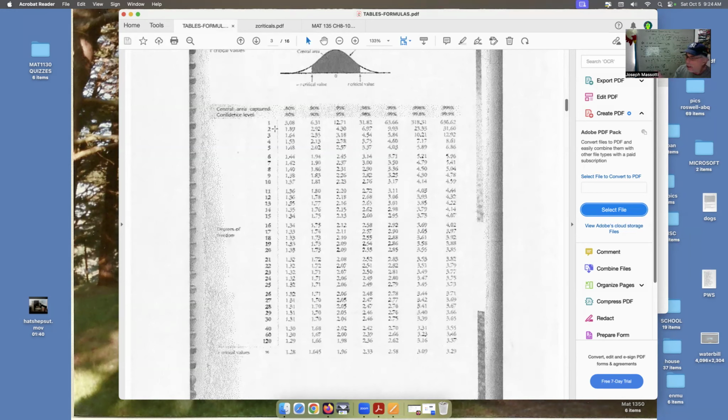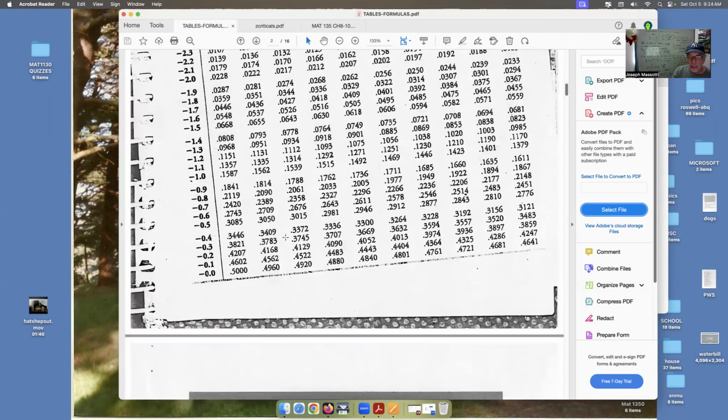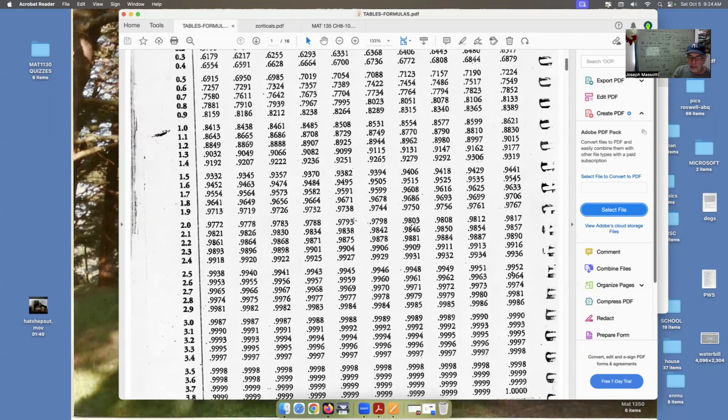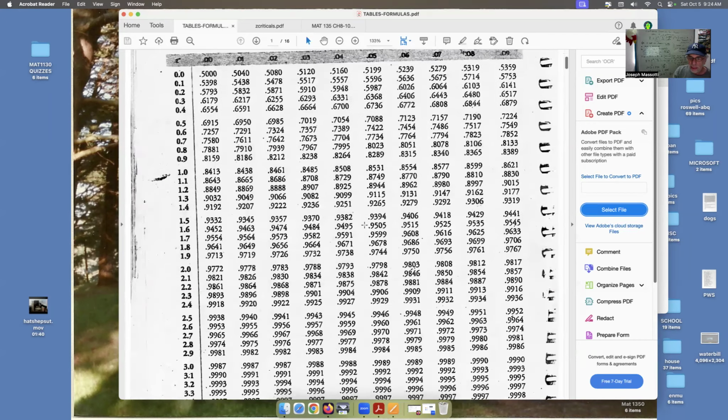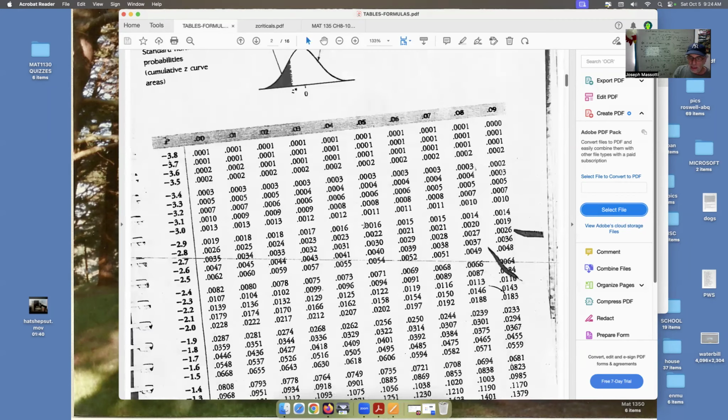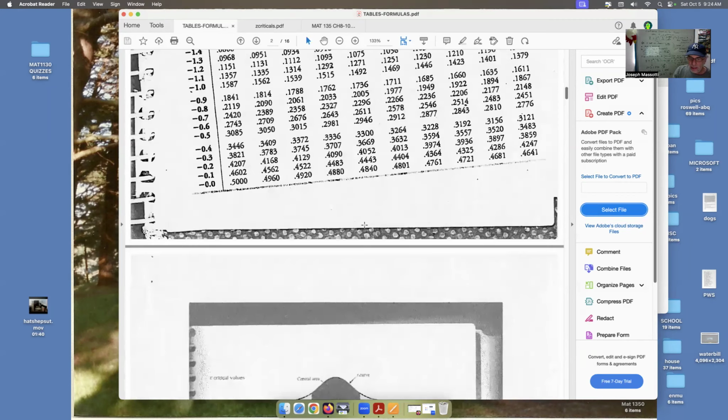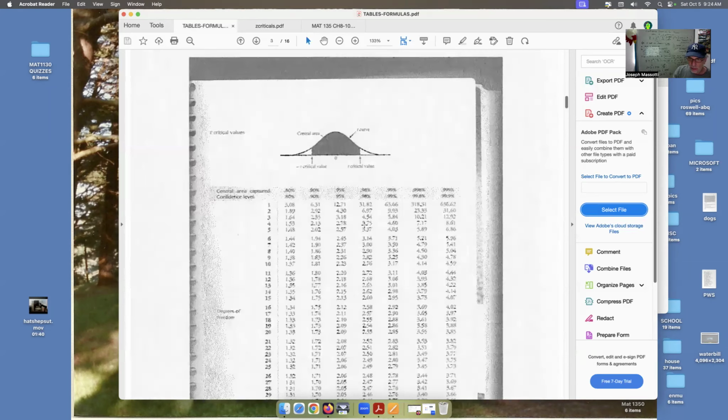And I didn't mention degrees of freedom, but we need to understand what a degree of freedom is here. So the degree of freedom is these numbers here on the left-hand side. So this comes from your table that I handed out earlier. Remember, this is the standard normal table that we've been using. Positive values, negative values. Then the next page are these t critical values.